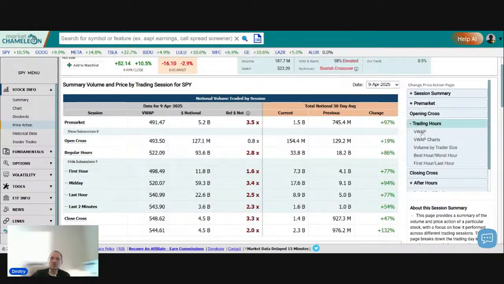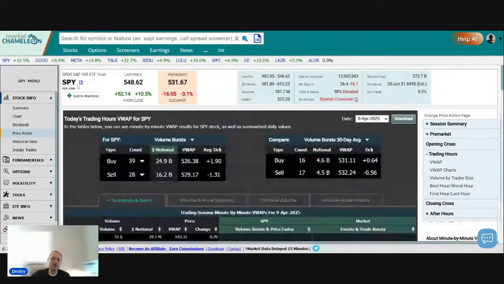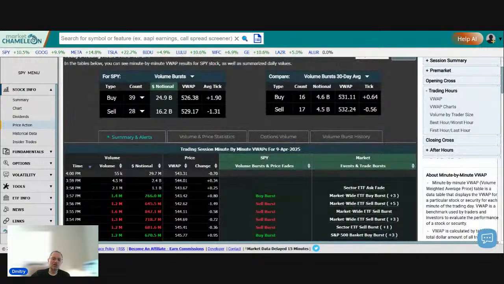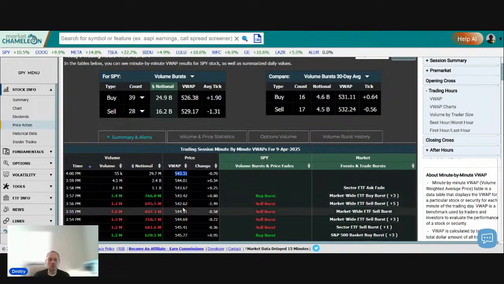Let's look at the trading hours yesterday for SPY. So you can see here in SPY, at 4 o'clock, this is the last minute of trading before that closing price. The VWAP price was $543.31. That's where the stock was trading regular hours right before the close.